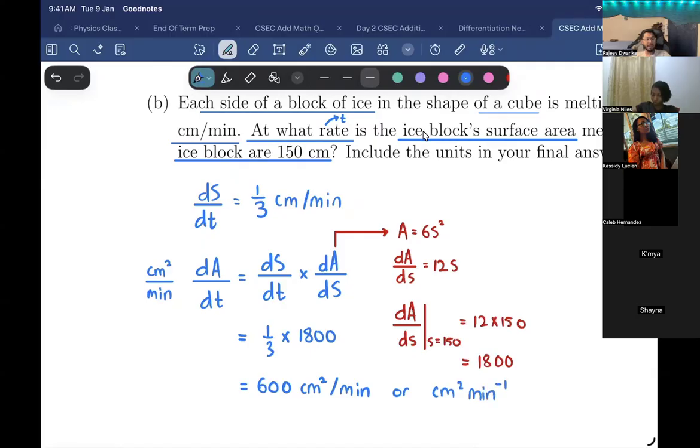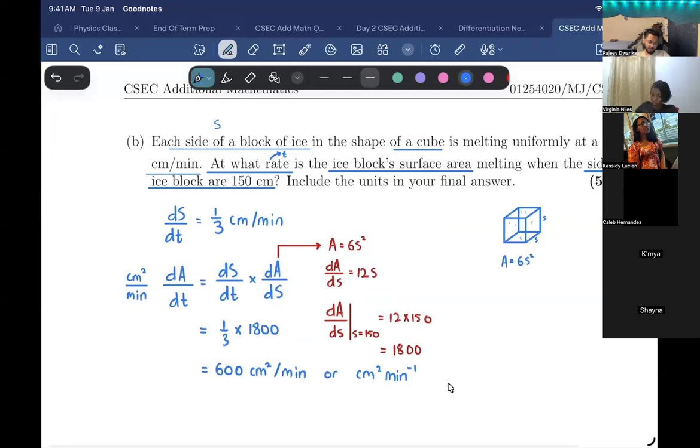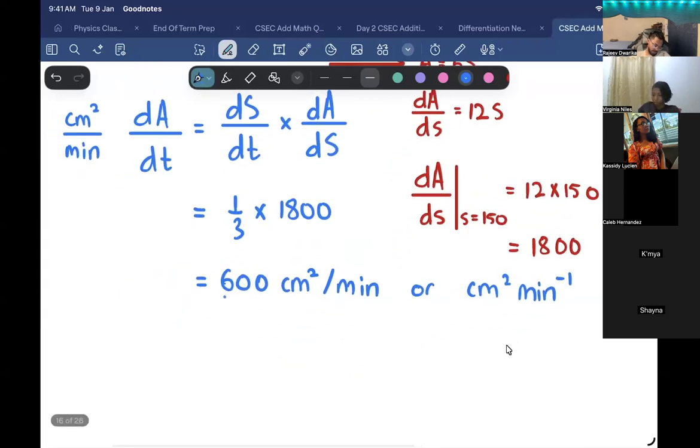So centimeter square per minute, or minutes minus one. Now you don't have to say negative 600. Why? Because it's implied when you say it's melting, understood, right?